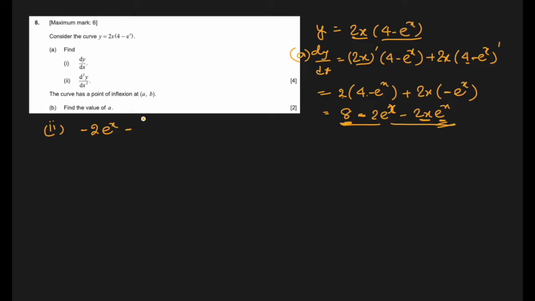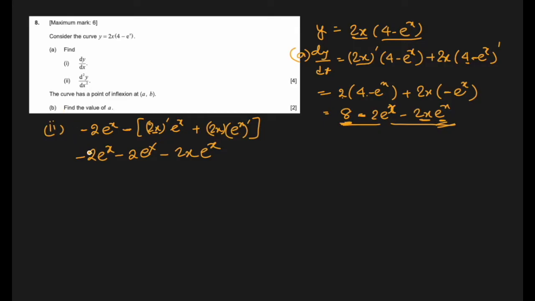So minus 2x differentiated e^x not, plus 2x remains 2x, but e^x is differentiated. So minus 2e^x, minus differentiation of 2x is again 2e^x. This minus will apply to this plus also. So minus 2x remains 2x and e^x is e^x.